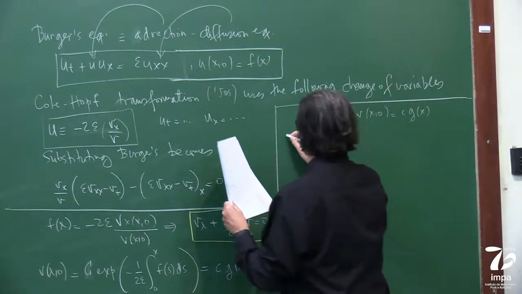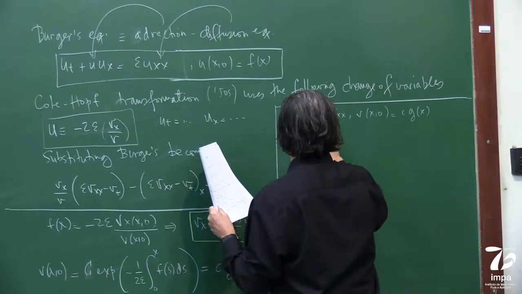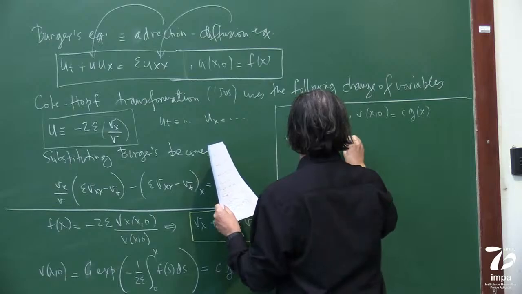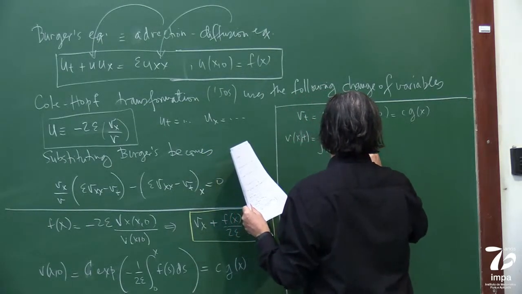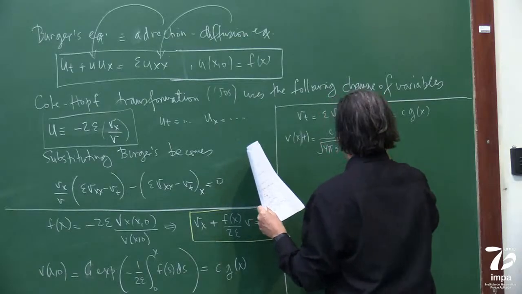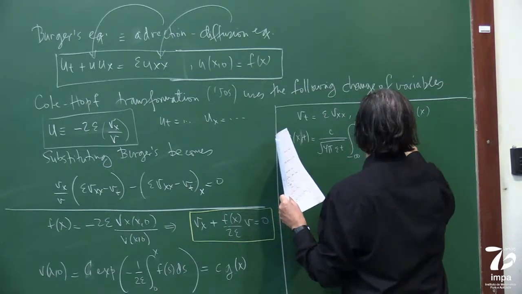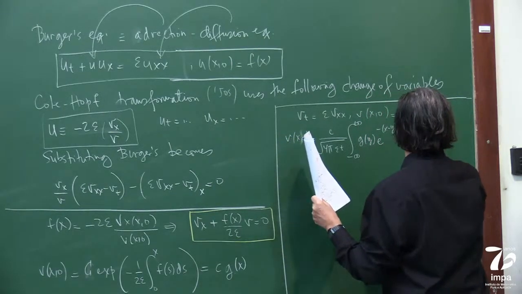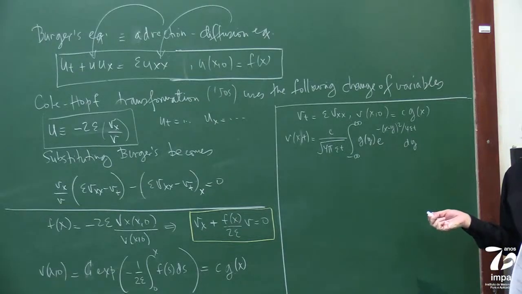So V of x, t, sorry, is equal to C over the square root of 4 pi epsilon t, integral from minus infinity to infinity, G of y, e to the minus (x minus y) squared over 4 epsilon t, dy. We already know how to solve this.